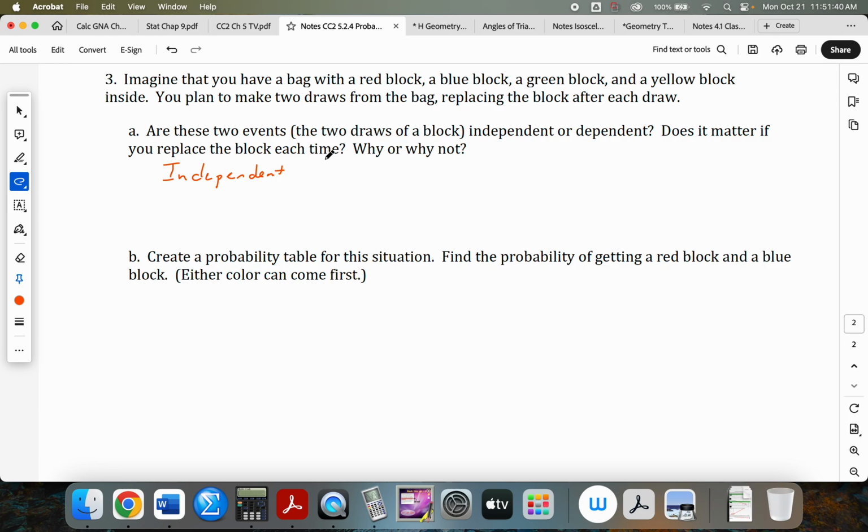Does it matter if you replace the block each time? Yes. Why? Because if we don't replace a block, there are fewer of that color, and fewer total blocks.